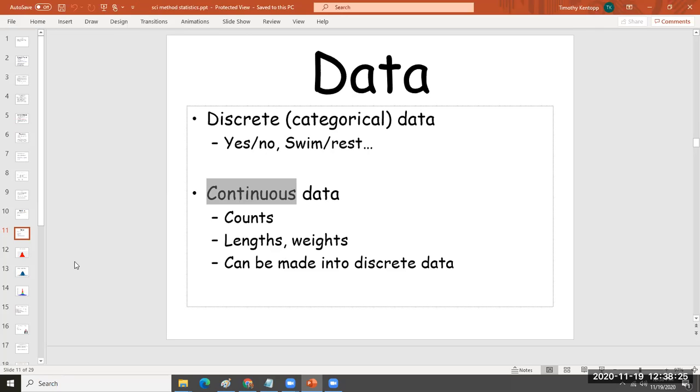And if you measured when female babies are born by the given day of the year, from 1 to 365, that's more like continuous data. So measurements, lengths, weights, something. Now you can have a range of measurements or continuous data that you decide would be a certain category, and what you're doing is converting those into another form of discrete data.